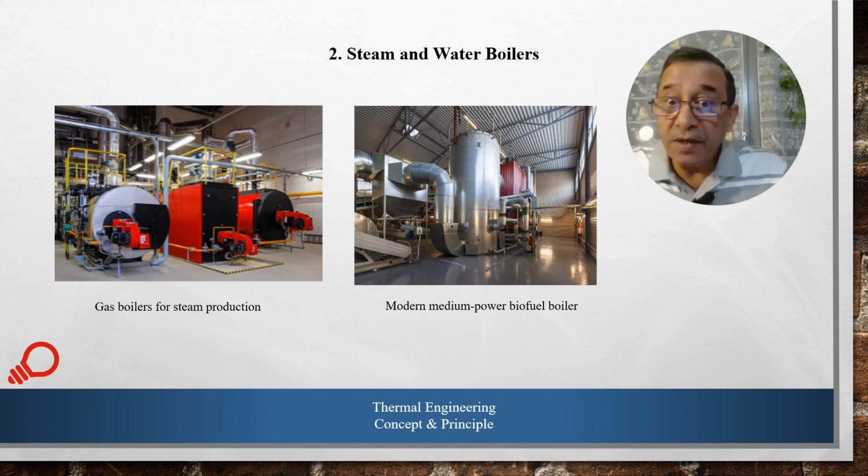Biofuel can be produced from plants, waste of cooking oil, vegetables, and many other natural types to produce a fuel that is used in the same manner as the other boilers to produce hot water or steam. And these are well known in industrial applications.